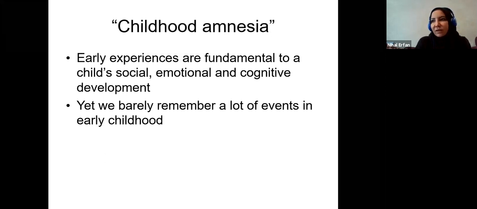So if at the age of 3 you got lost in a park for hours, the trauma in itself imprints a memory of that, even though you couldn't speak then. So language development is essential here. Early experiences are fundamental to your social, emotional, and cognitive development, but we barely remember a lot of events that happened to us in childhood.